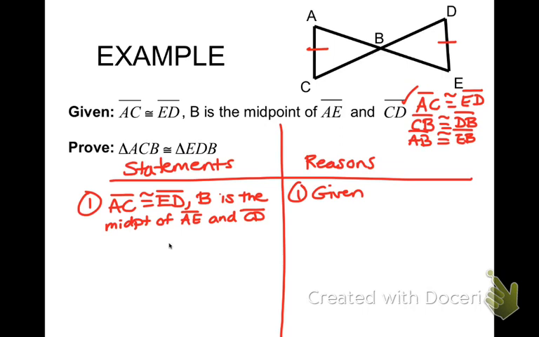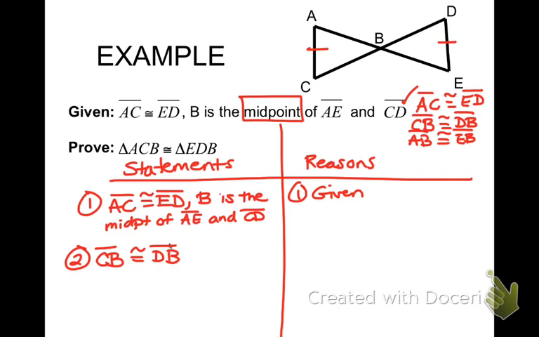So statement number 2 should say what? Sure. So statement number 2, I was just working down the line. So CB is congruent to DB. All right, well now let's look at the given. What keyword do you see? Midpoint. What do we know about a midpoint?